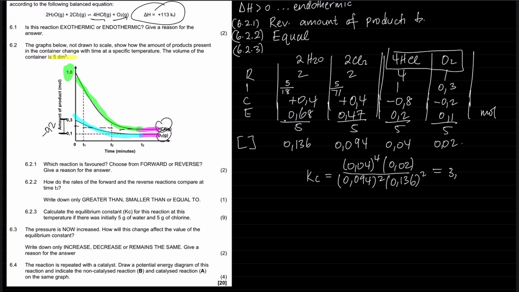That gives me an answer of 3.15 times 10 to the negative 4. That is my Kc. That's my Kc value.